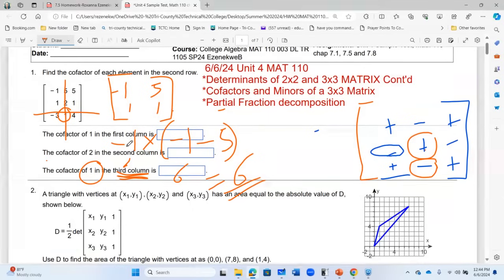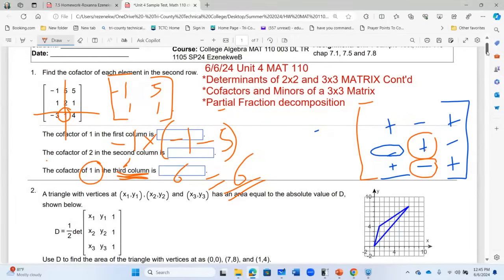Okay, so the determinant of that minor is this. Multiply by -1, and your answer is 6. So the answer is 6. Don't worry about it. Sometimes you don't get the same answer, but make sure your calculation is correct. If your calculation is correct, you are good.